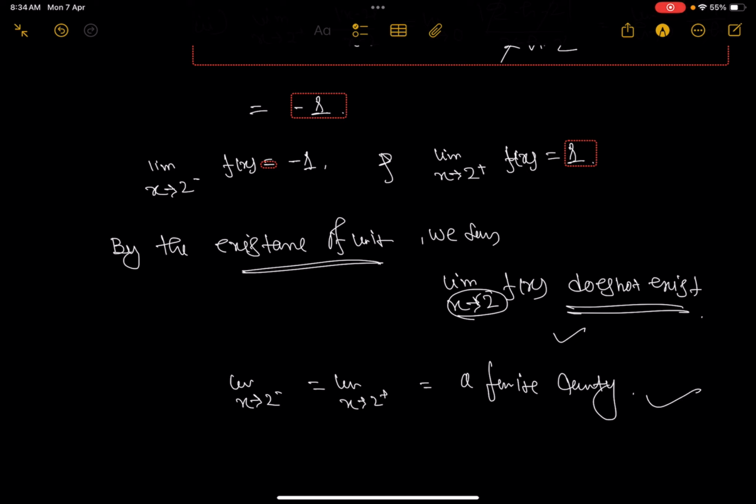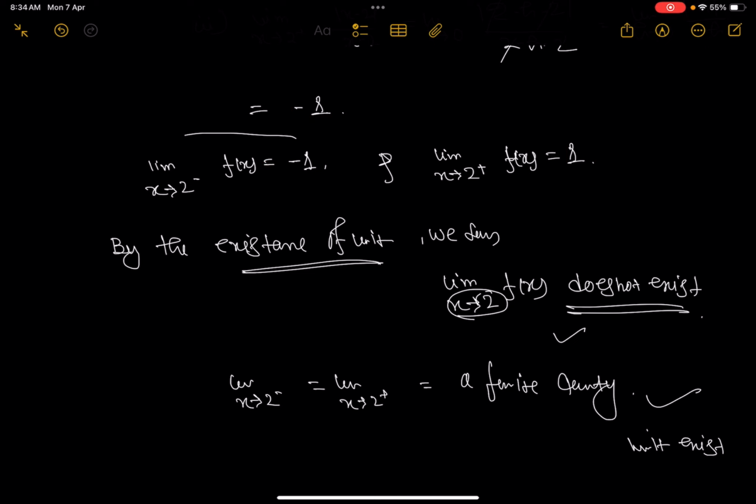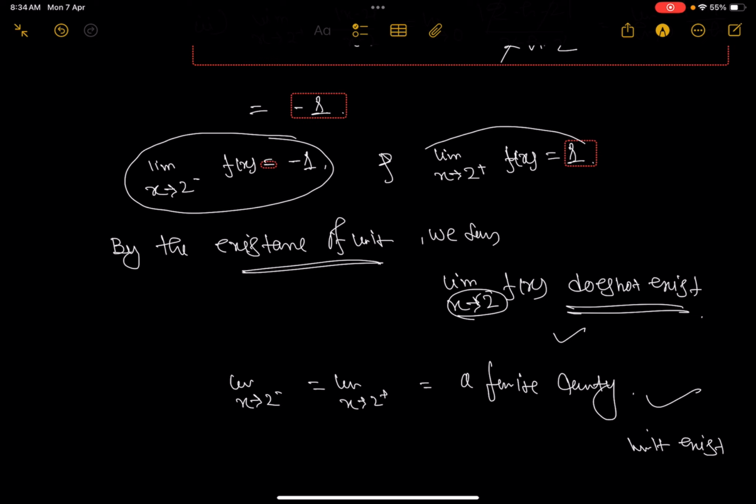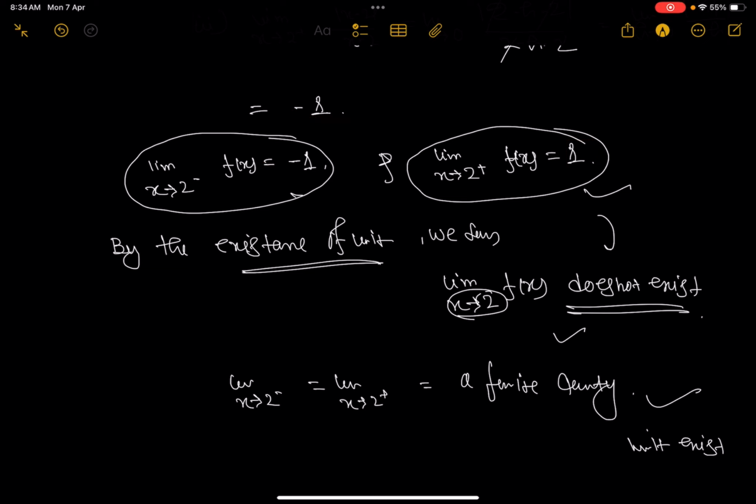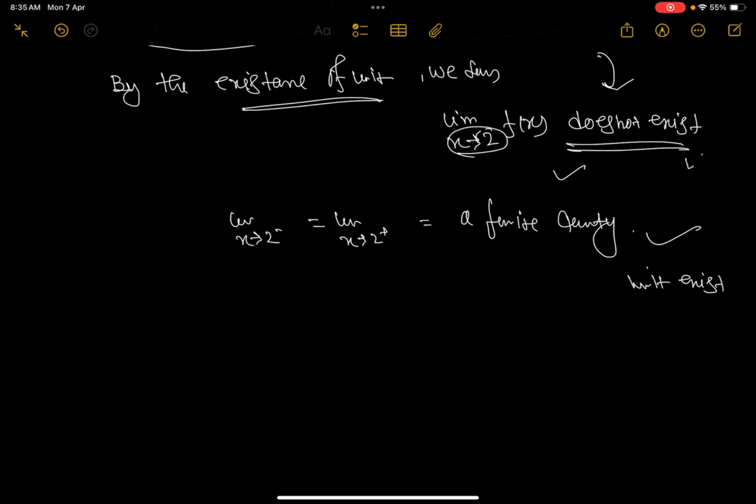Then we can say the limit exists. But here the left hand limit is minus 1 and the right hand limit is plus 1, so both are not equal. The right hand limit exists and the left hand limit exists, but the limit does not exist, because both values are different. So by the existence of limit, limit x tends to 2 of f of x does not exist.